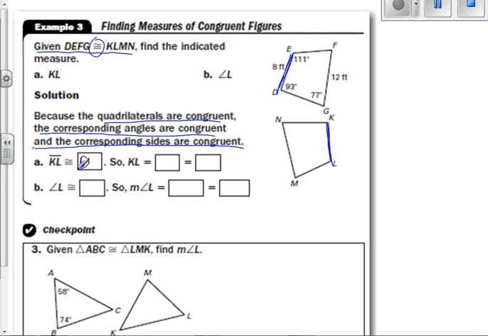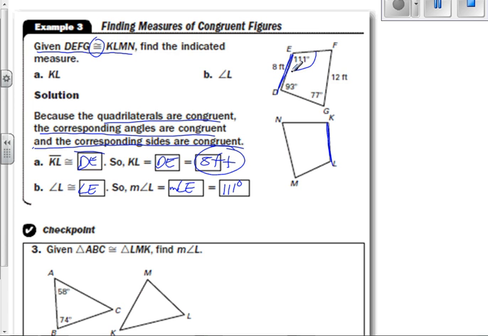KL is equal to DE, which is equal to 8 feet. That's my answer on that one. Then I need to find angle L. Angle L is congruent to angle E, so the measure of angle L is equal to the measure of angle E, which is 111 degrees, which would be that angle right there.